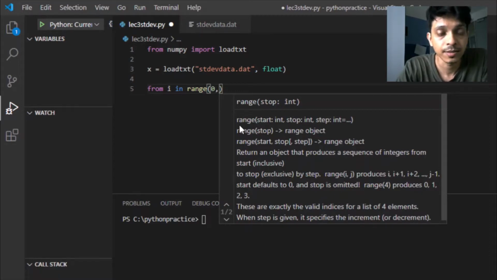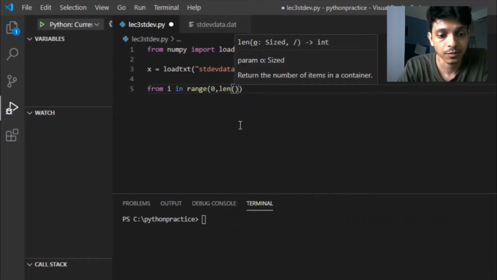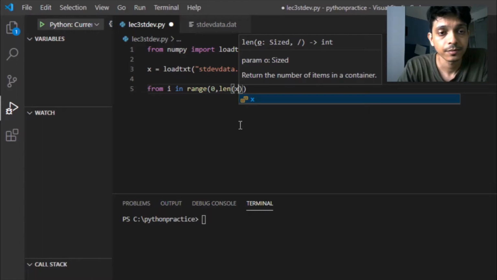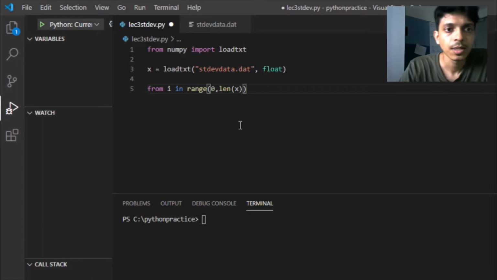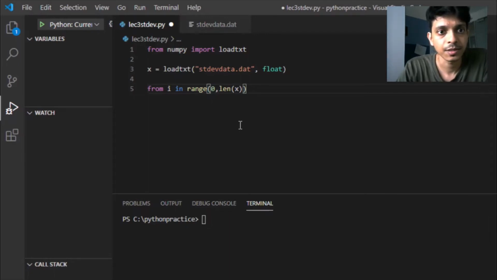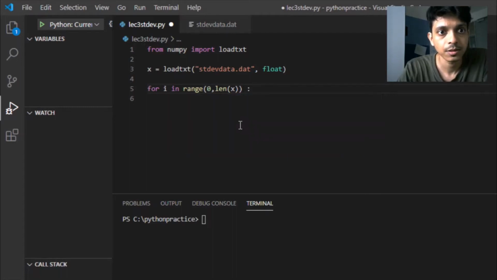Well, it's just the length of this array x. So length of x. Yeah, it should work. For i in this range.